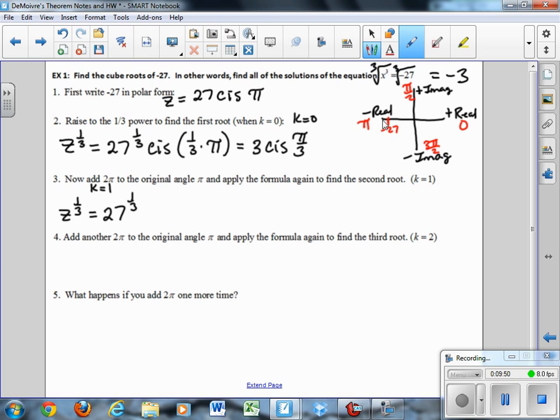So 27 to the 1/3 cis 1/3 times pi plus 2 pi. So take my original angle, add 2 pi, which of course gives me 3 pi. So this is going to be 3 cis, 1/3 of 3 pi is pi.